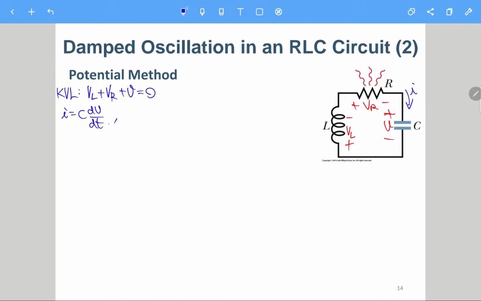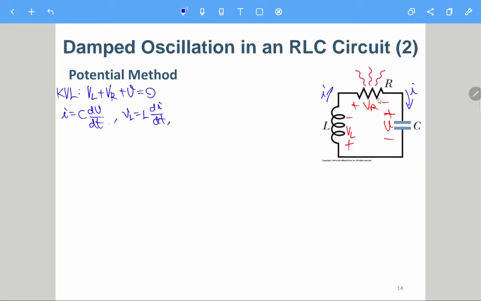And also, as much as we know the I, so this is also the I. Using this inductor, we will have VL equals L dI/dt.